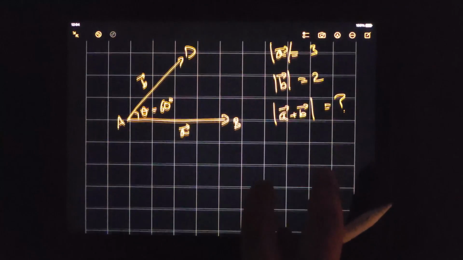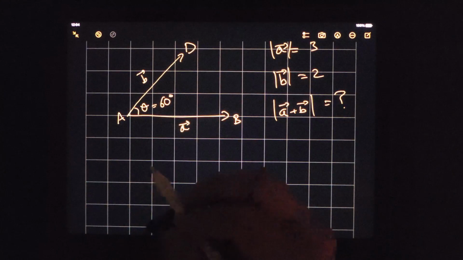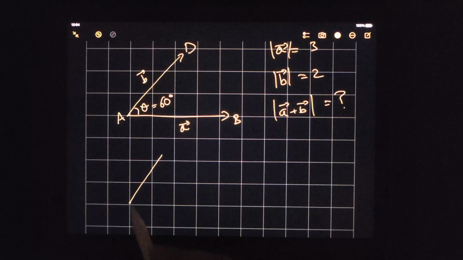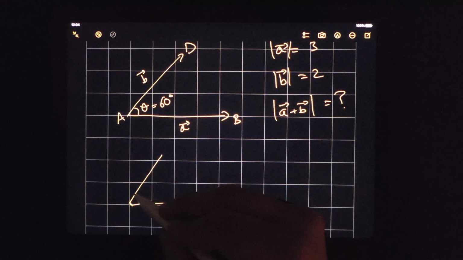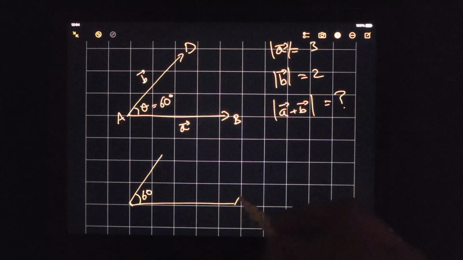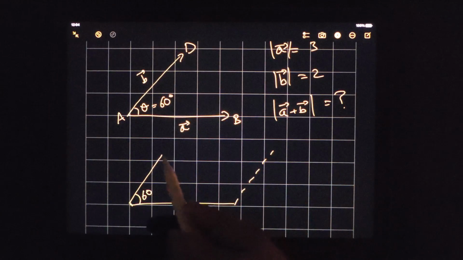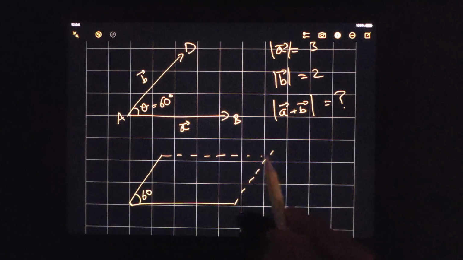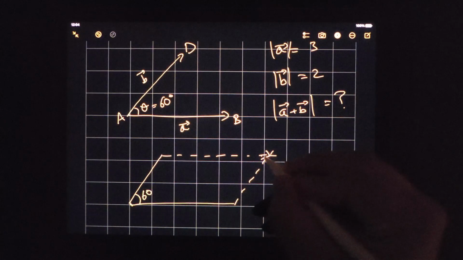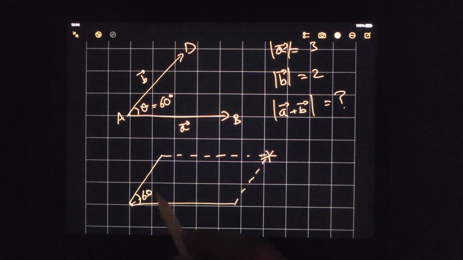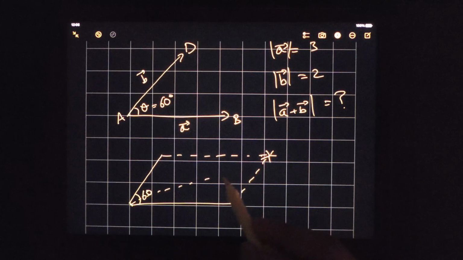So let's start doing that. So remember our parallelogram law. If this is 60 degrees, then I basically want to find this one.